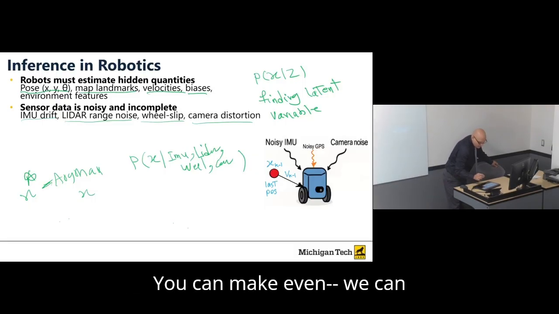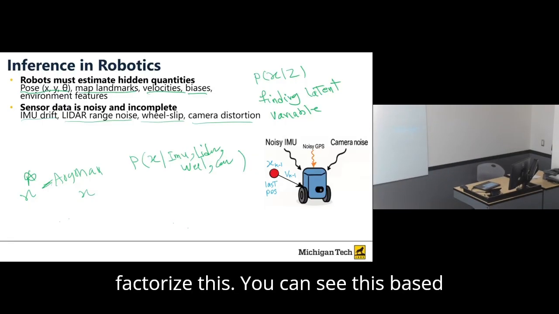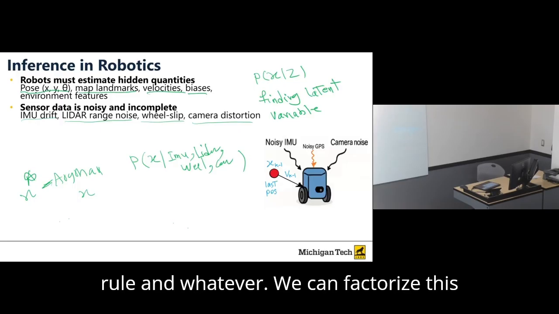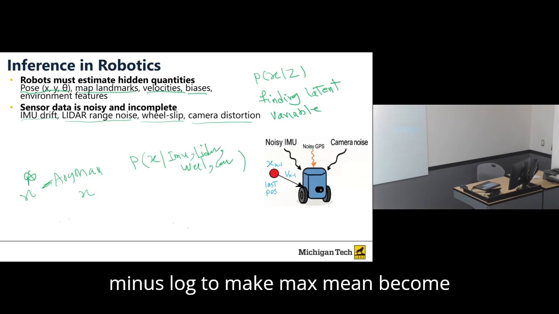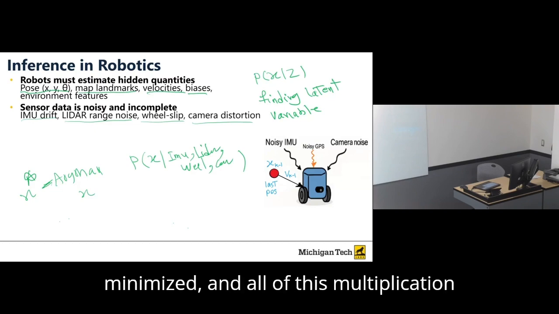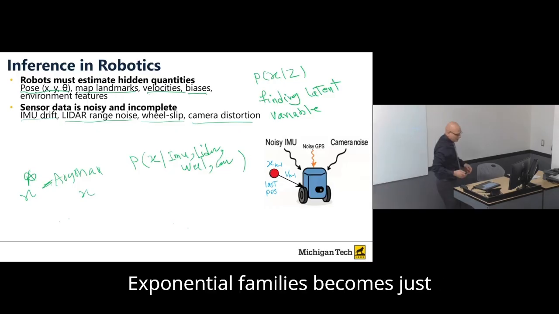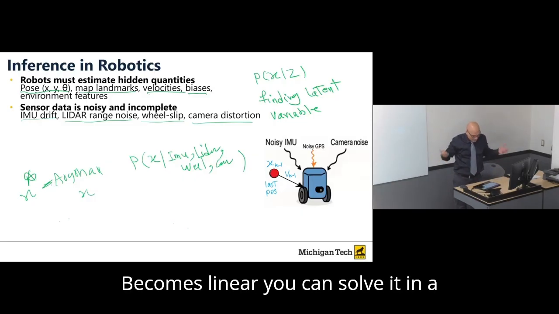We can factorize this, based on what we learned, chain rule and whatever, into pieces. Then for maximization, you can take the log, or minus log, to turn the max into a min, and all of this multiplication becomes addition, and all of those exponential families become just an exponent. The exponent gets out, and it becomes linear.